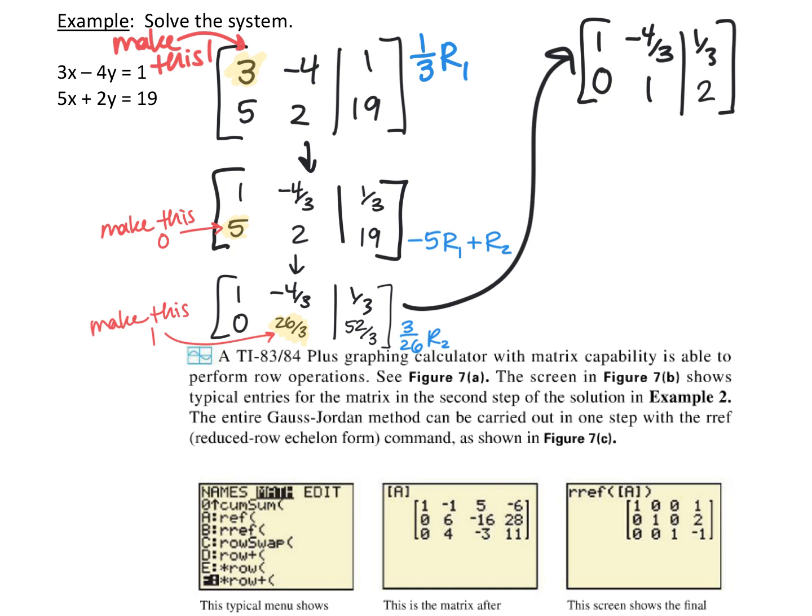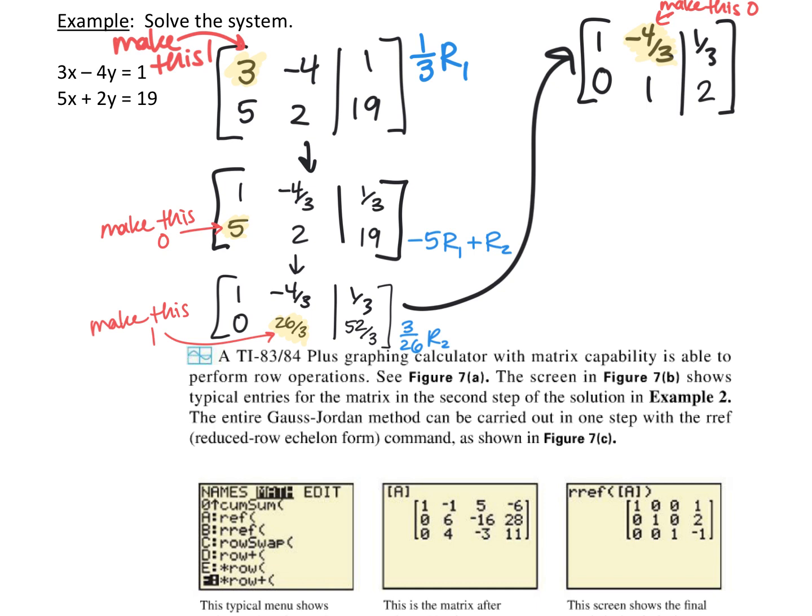Okay, the last one is you need this guy to be, do you know what you need it to be? 0. So make this 0. You need to multiply row 2 by something and then add it to row 1.